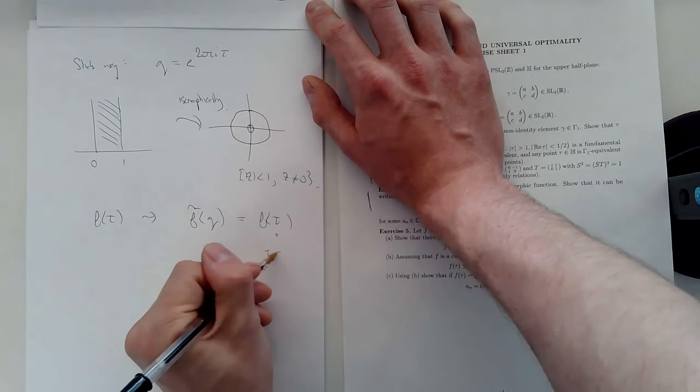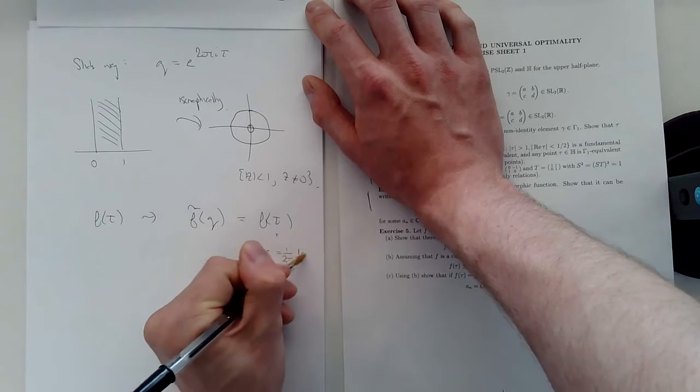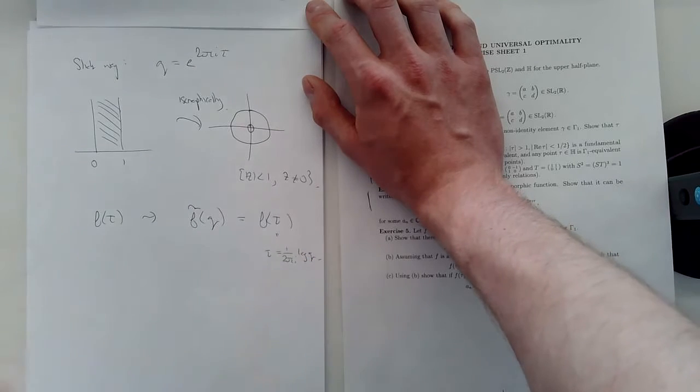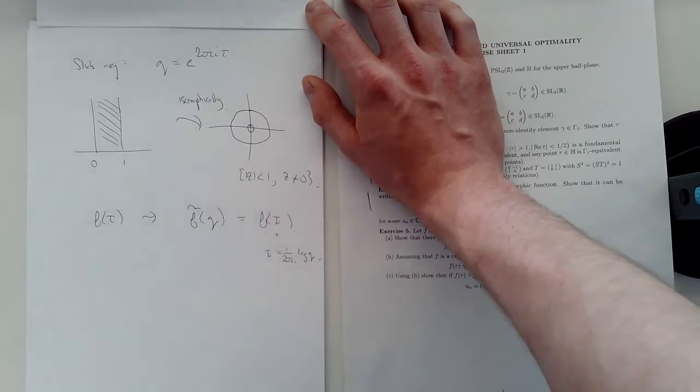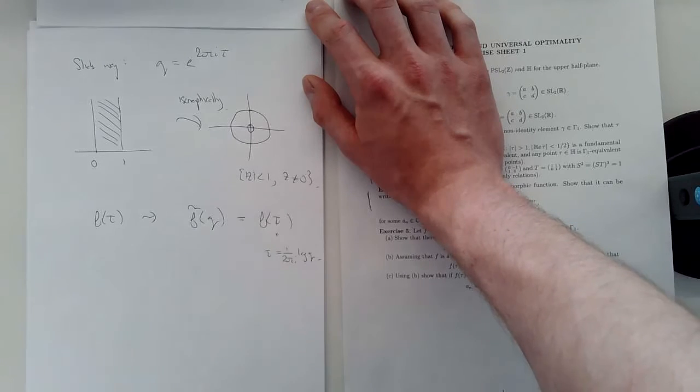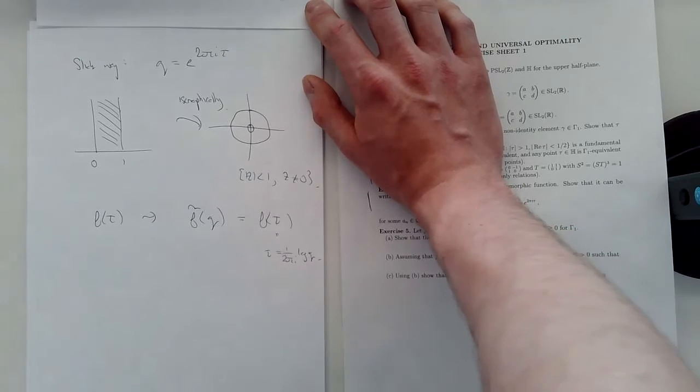So you could write down something like 1 over 2 pi i log q, and then argue that, well, since the function is periodic, it doesn't matter if you add an extra 2 pi i when you go around a multi-valued function.